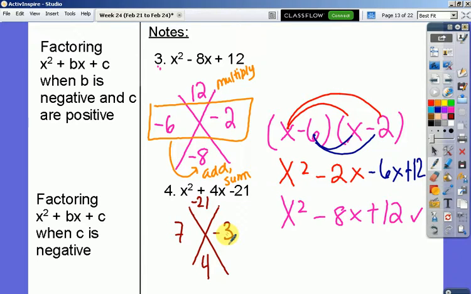So those two central terms make up my factors. x plus 7, x minus 3. Does it matter what order I put these two in? No. Because remember, the commutative property says that A times B and B times A are the same. Okay. Excellent.